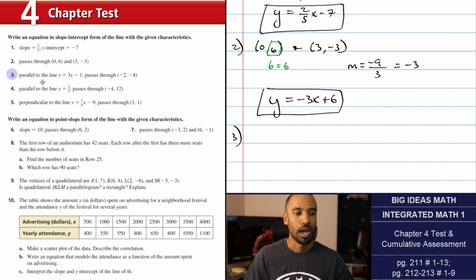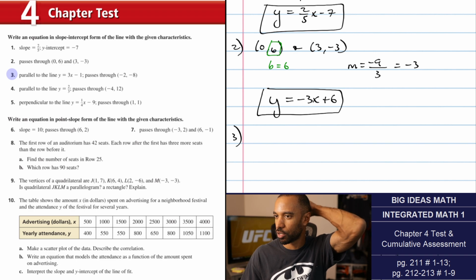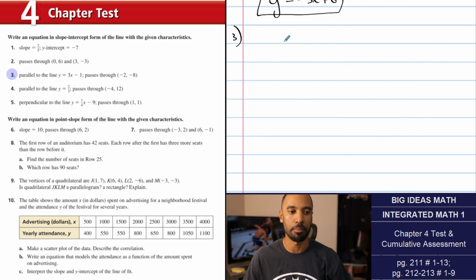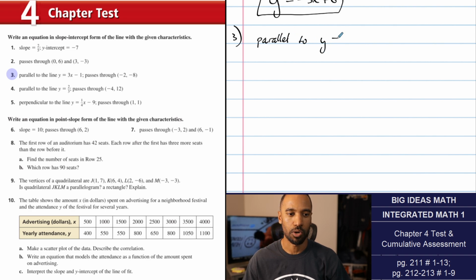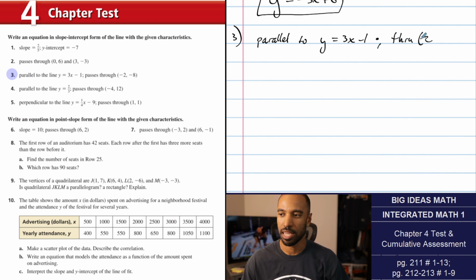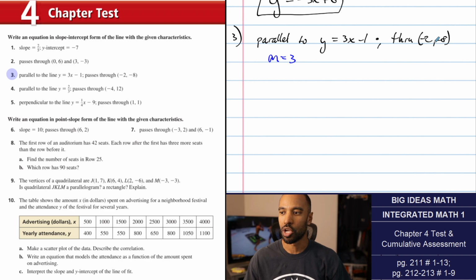Number 3. Okay, parallel and perpendicular are for 3, 4, and 5. So on number 3, parallel to the line y = 3x - 1. And we got to go through the point (-2, -8). Now, parallel will mean we have the same slope of 3. To go through (-2, -8), we have some options.